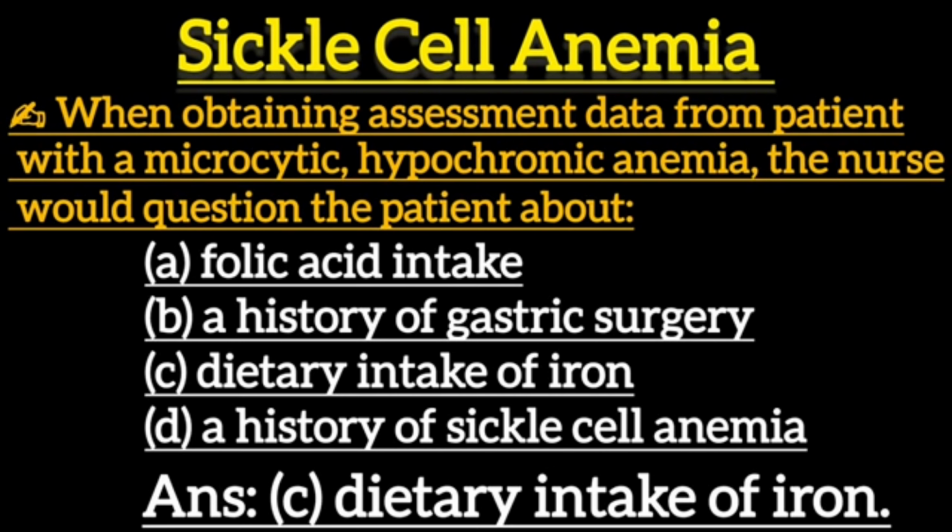Next one is when obtaining assessment data from a patient with a microcytic hypochromic anemia, the nurse should question the patient about option A folic acid intake, option B a history of gastric surgery, option C dietary intake of iron, option D a history of sickle cell anemia. Correct answer is option C dietary intake of iron.